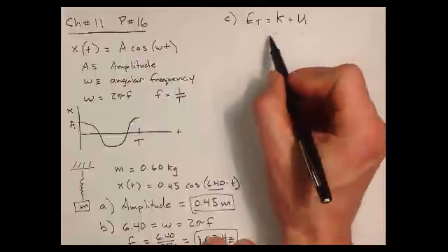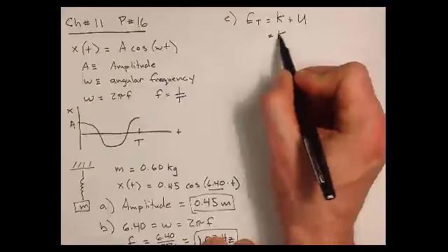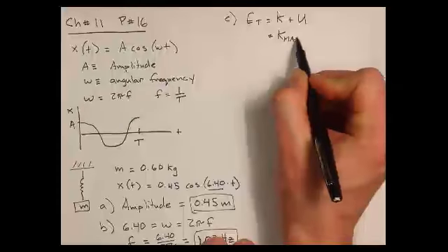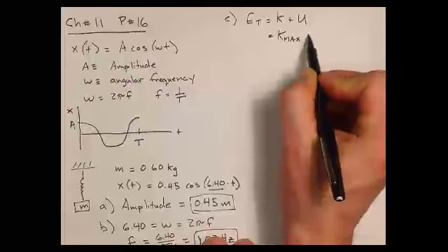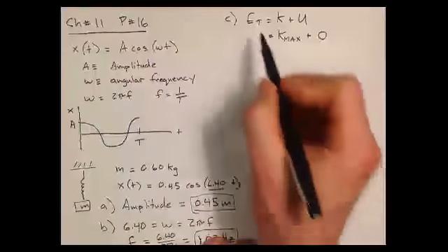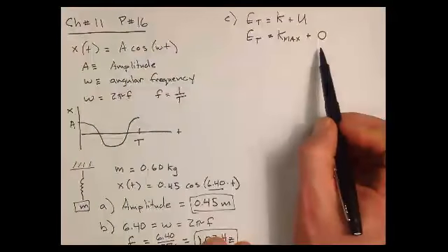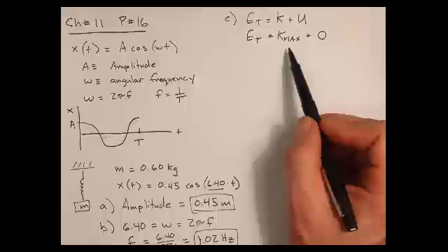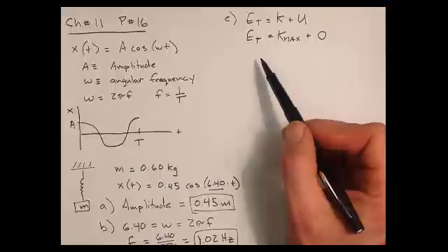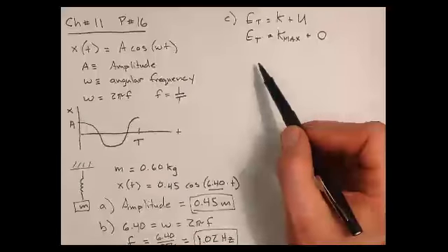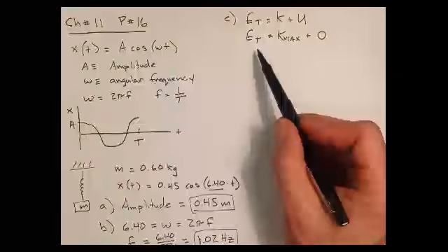Here is my plan: I am going to figure out the maximum kinetic energy. When the object has the maximum kinetic energy, the potential energy will be 0, so your maximum kinetic energy is equal to the total mechanical energy.